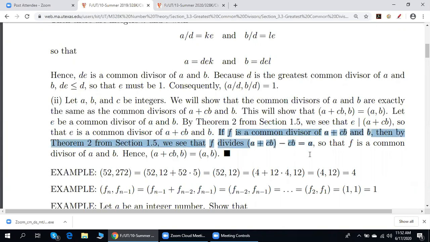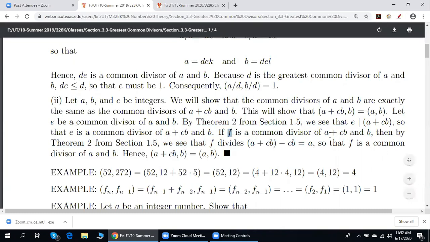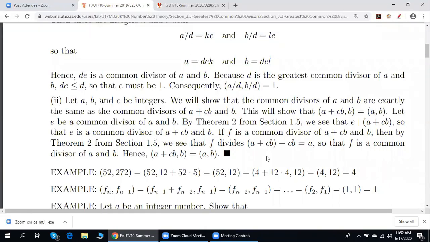By this sentence, if F is a common divisor of this and this, F is a common divisor of A and B. Conclusion: the common divisors of A and B are exactly the same as common divisors of A plus CB and B. Therefore, the greatest common divisor of this is equal to the greatest common divisor of this. We are done. Folks, any questions here?